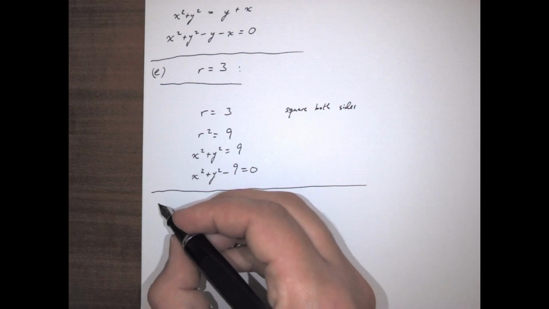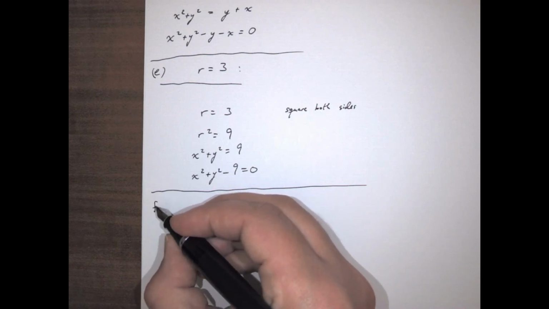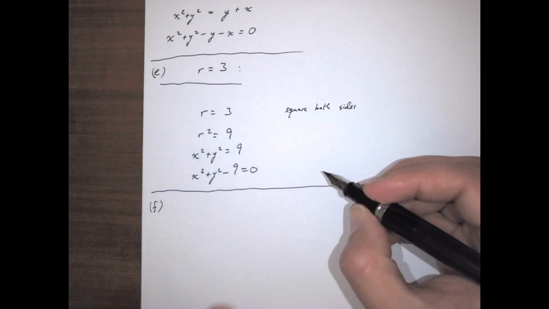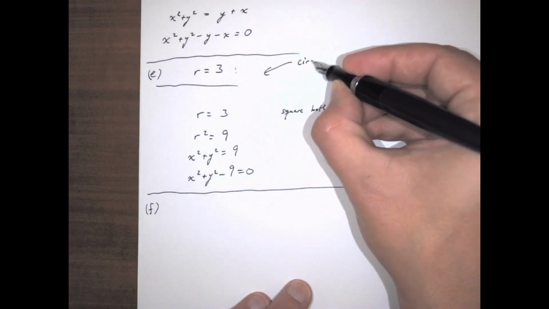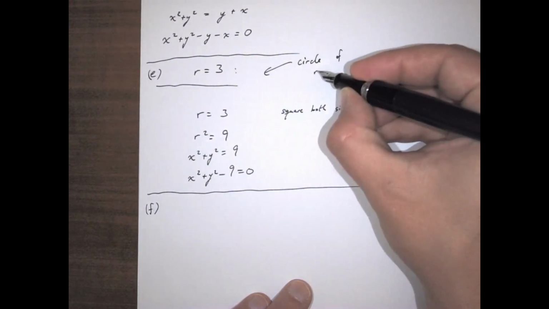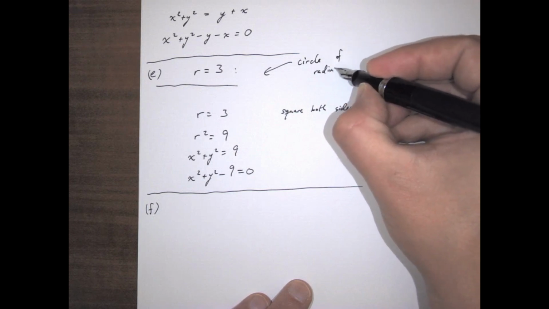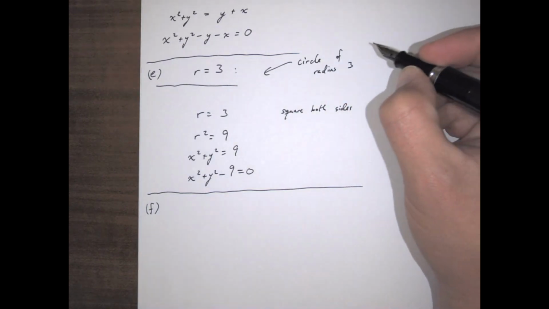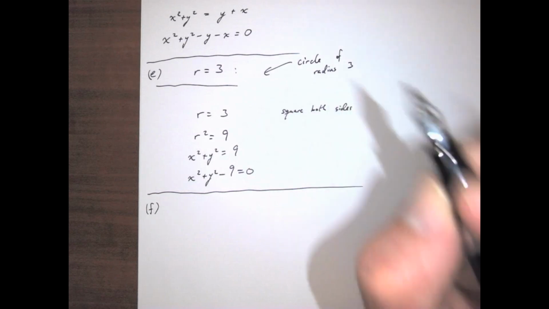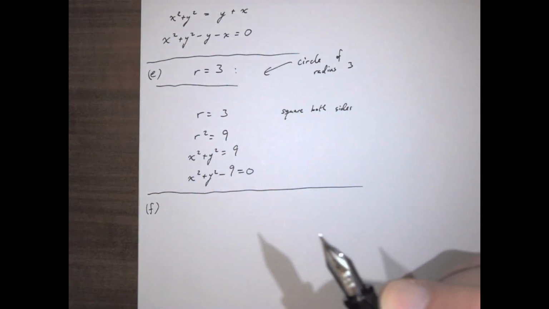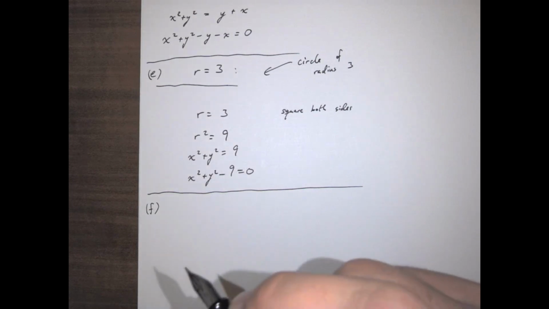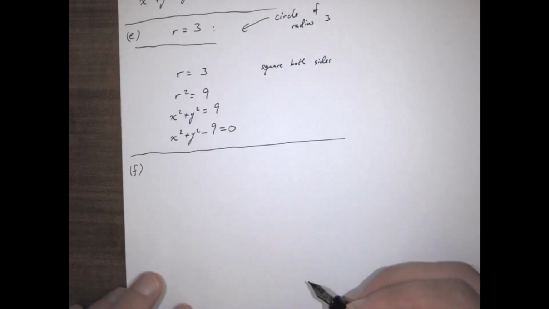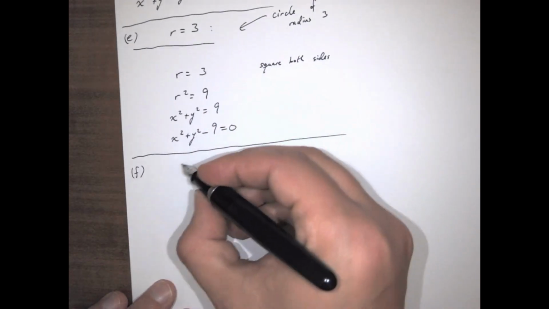All right, what about something like this? And so notice, by the way, r equals 3 is a circle of radius 3. And then this would be the equation of a circle of radius 3 in rectangular coordinates. But we'll discuss that more in section 8.2. So just a heads up.